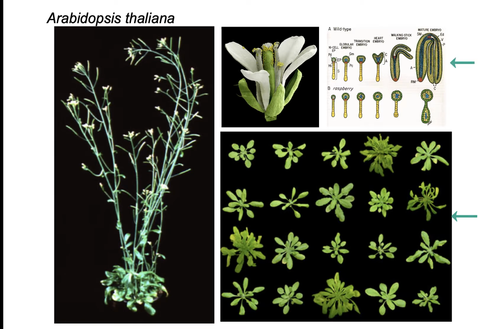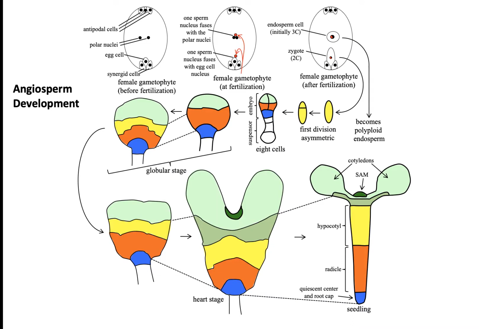On the upper right is a diagram of normal development, and then the lower one in B is called the raspberry mutant, and just by a change of a single gene, which is like a homeodomain gene, you can change the entire developmental pattern in Arabidopsis. So that's one of the genes that acts very early during development.